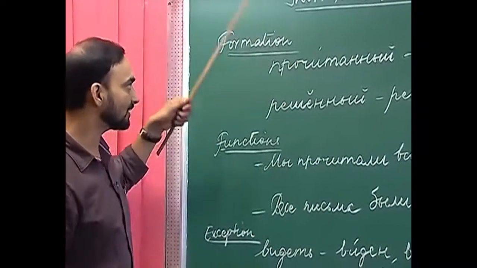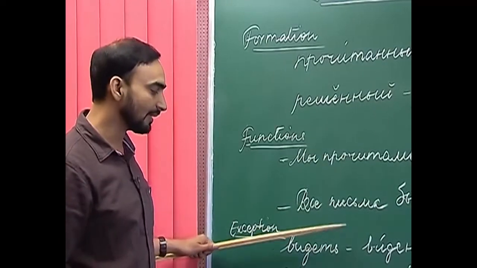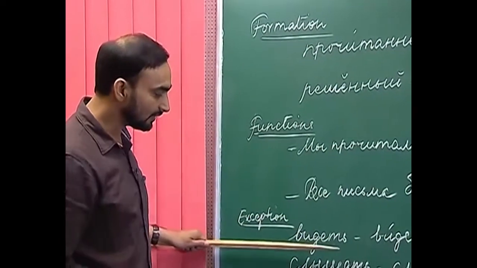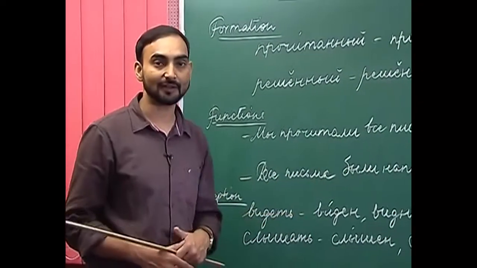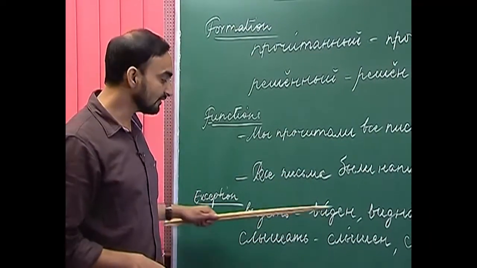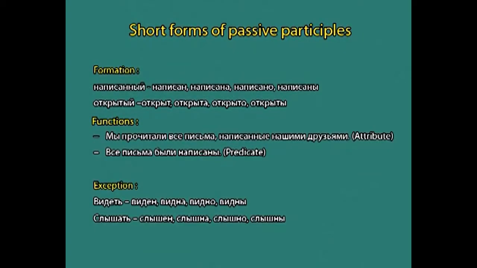Now, regarding the formation, one more important thing I need to mention, that there are some exceptions like the verbs vidich and slishach, in which the short forms of the participles are derived from the infinitive form of the imperfective aspect. For example, vidich is imperfective, slishach is imperfective.